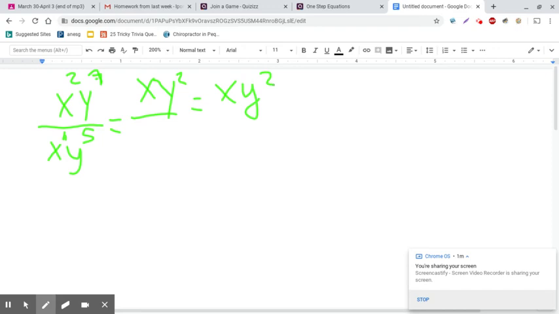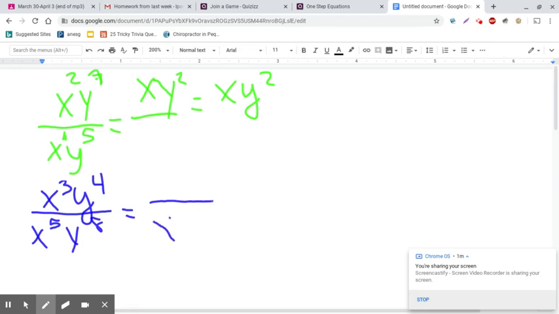I'm going to do another example now. Let's go with x cubed, y to the 4th over x to the 5th, y to the 8th. So first, just look at your x's. Where's your bigger x? On the bottom is a 5, and on the top is a 3, so the bigger one's on the bottom. 5 minus 3 gives you 2, so you're going to have an x squared in the bottom.